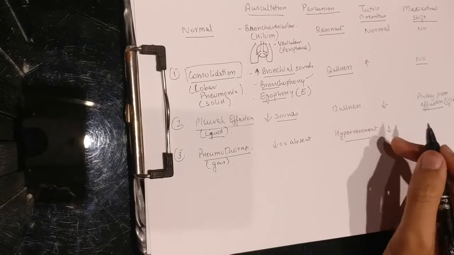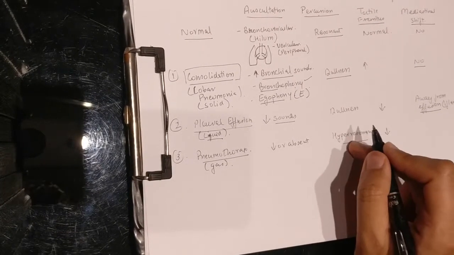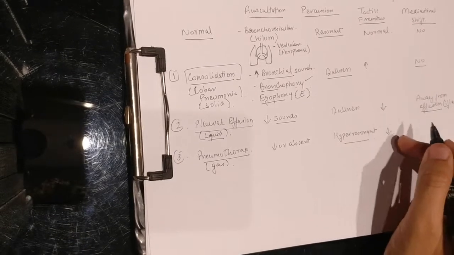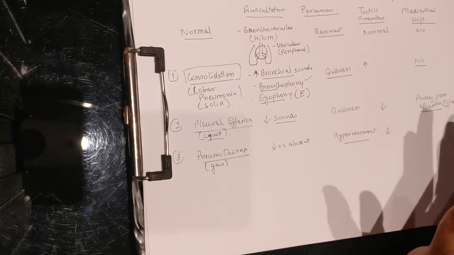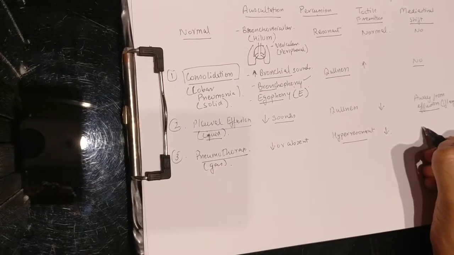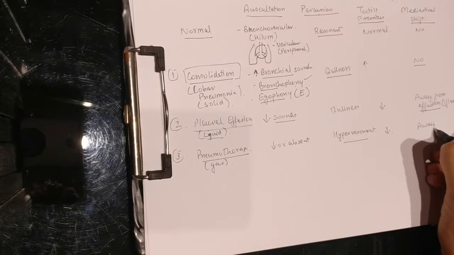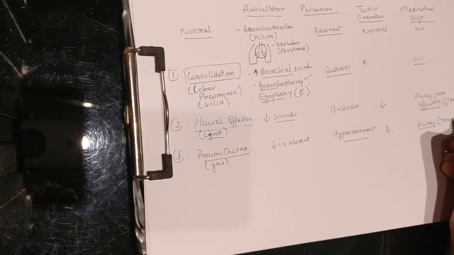Tactile fremitus and percussion can be confusing sometimes. Remember percussion as the instrument, as I've already mentioned, and tactile fremitus as the vibration. Mediastinum in pneumothorax will be shifted away if it is a tension pneumothorax.